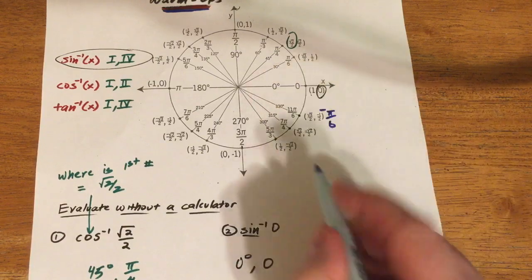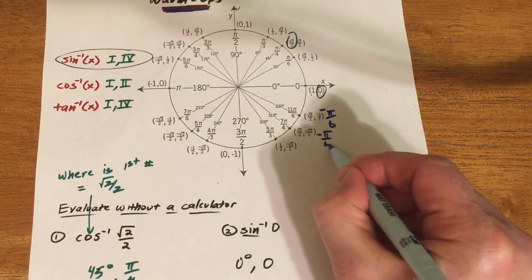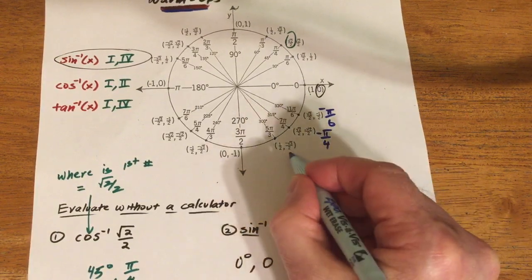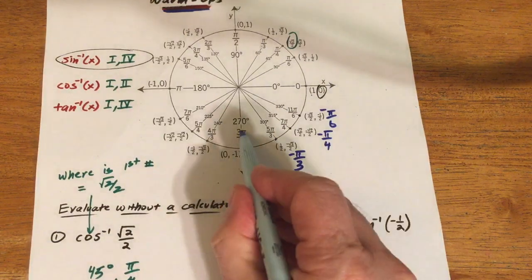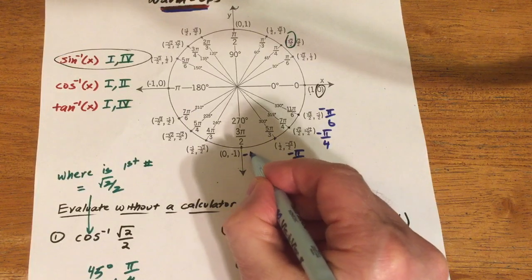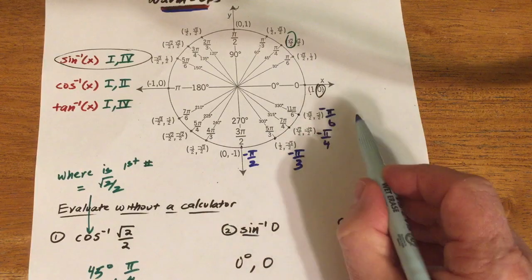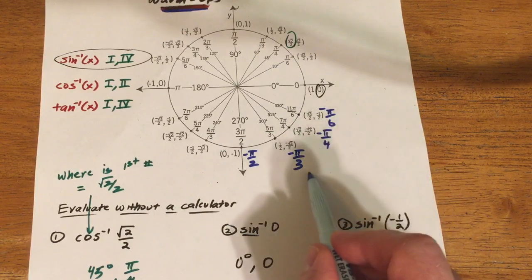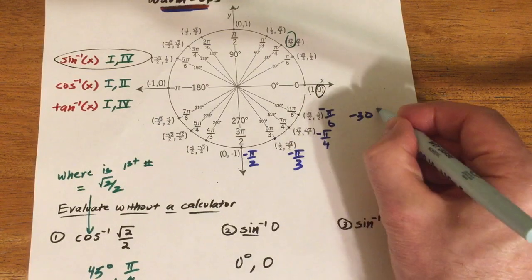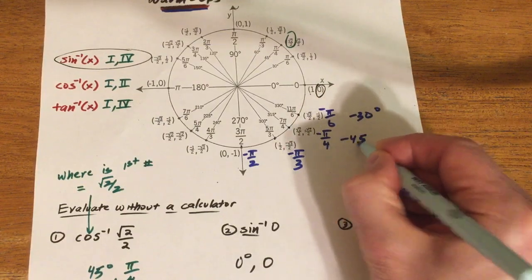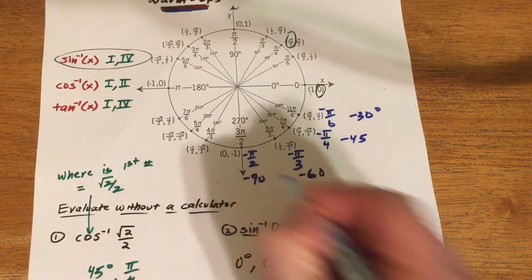Instead of 7 pi over 4, we're going to want to use negative pi over 4. Instead of 5 pi over 3, we're going to want to use negative pi over 3. And instead of 3 pi over 2, we're going to want to use negative pi over 2. If we did them in degrees, it would be negative 30, negative 45, negative 60, negative 90. So negative 30, negative 45 degrees, negative 60 degrees, and negative 90 degrees.